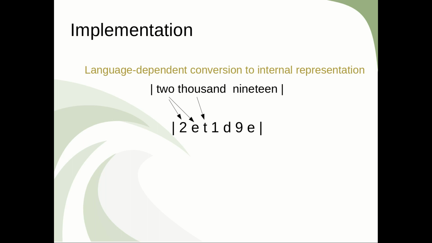Besides 1000, such word group terminators are for millions, billions, etc. 19 is mapped to a pair of digit and label.